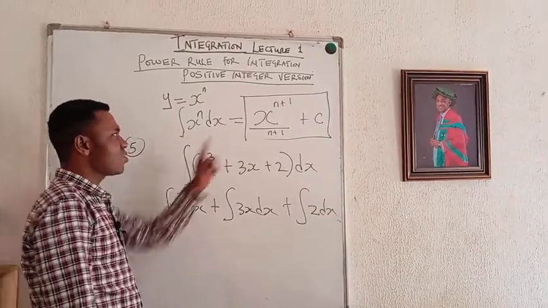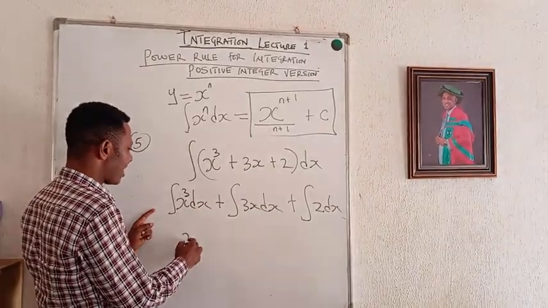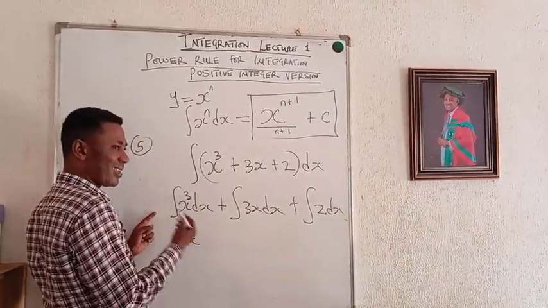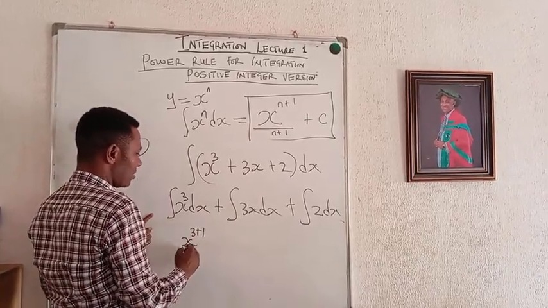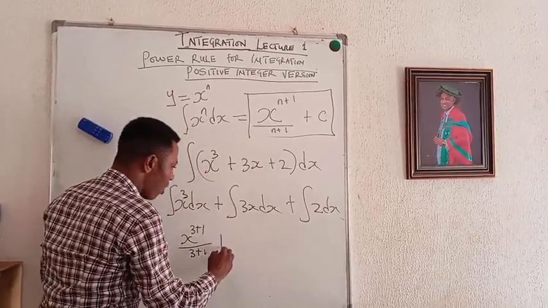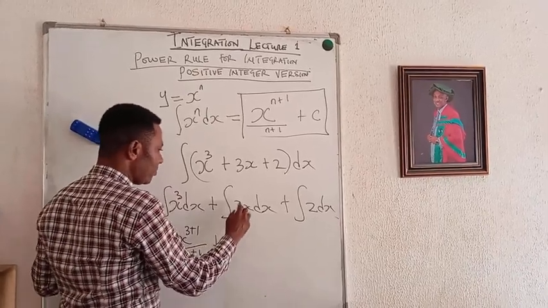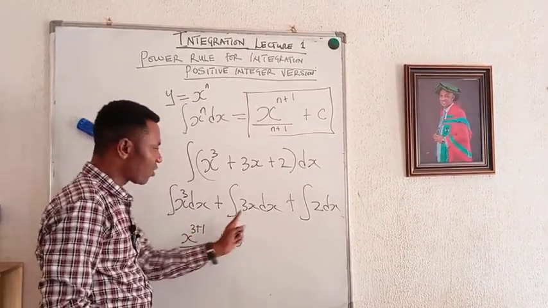How do we integrate this? Using the same power rule for integration. Now, we have x. What is the power here? 3. Look at this formula. So, 3 plus 1 all over 3 plus 1. Plus, we are here now, 3. So 3 is just a constant here, the coefficient of this x.